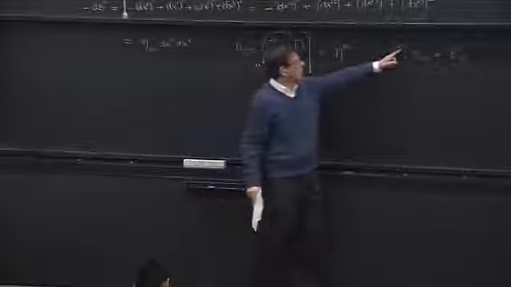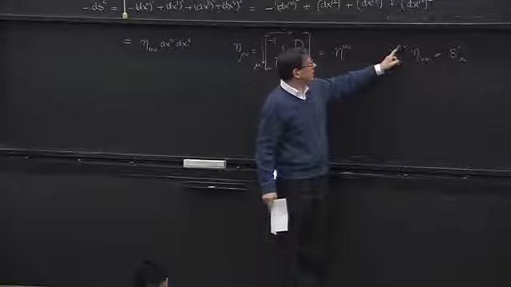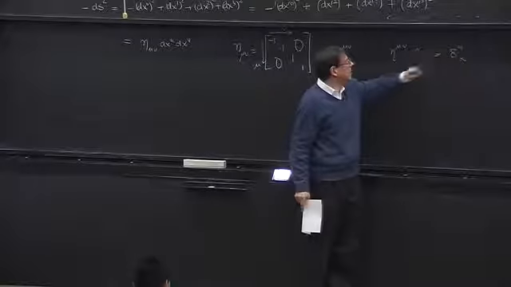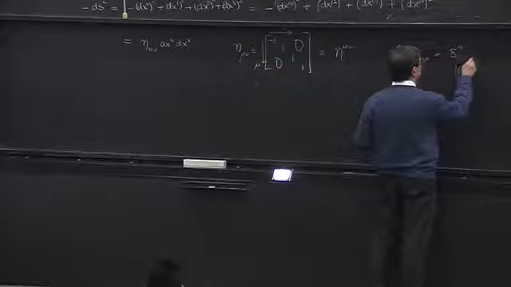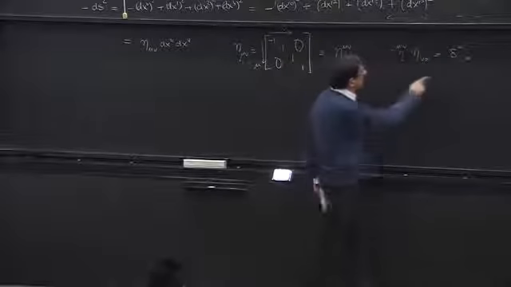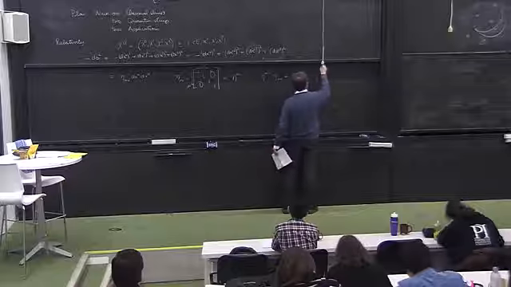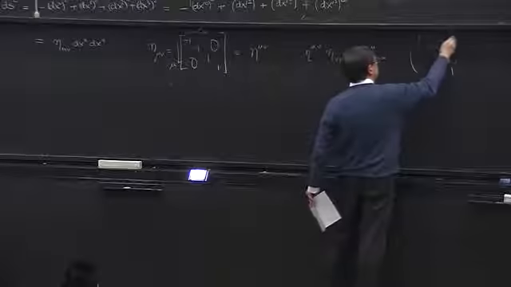Matrix multiplication is a sum over indices here. And the fact that it's an inverse means that the product is the identity matrix. The identity matrix here, maybe I should put the alpha. This delta, as a matrix, is the matrix 1, 1, 1, 1 and zeros everywhere else.